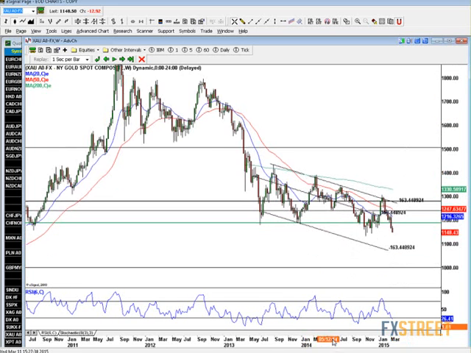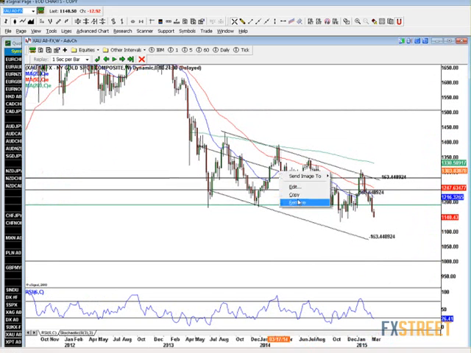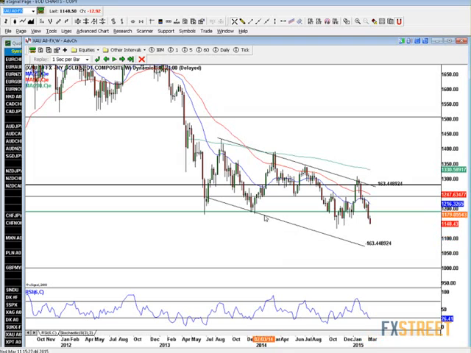We've got a downward moving channel here, making gradual lower highs and lower lows. Excuse me, I'll just get some of this clutter off the screen. Gold on the weekly. And we can see here that we've made very clear lower highs and lower lows as well. So we're on schedule, based on what the past has done before, to make a lower low.